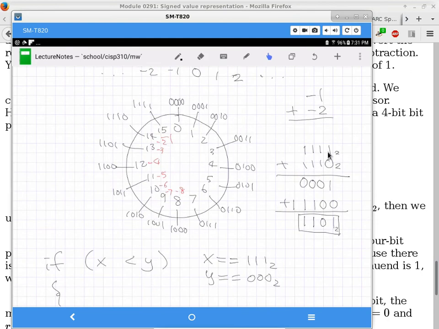Because when we look at the number wheel like this, I will ask you guys to figure it out. If 3 is over here, it is represented by 0011. How do we get to the representation of the negation of 3, negative 3, which has a representation of 1101, which happens to be the representation of 13 as well? So what do you think?